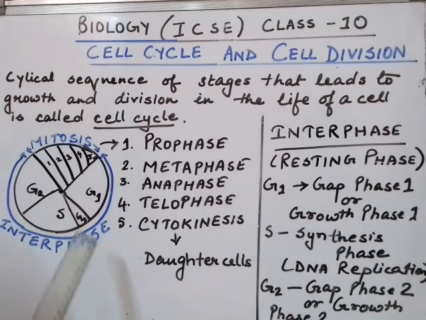So that is G0, which means the cell is not ready to prepare anymore and ceases to grow. If it enters G0, it does not enter further into synthesis phase, and that cell will stop or suspend dividing.